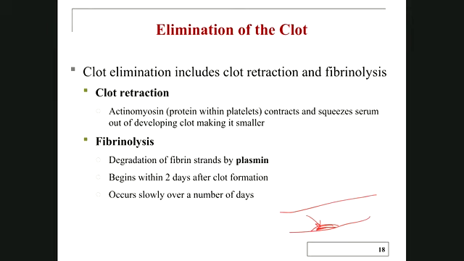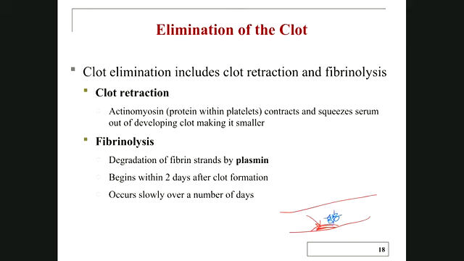When the smoothness of this part is reduced and it becomes rough, the platelets come to this side and they can make a plug here. So we have formation of a platelet plug in this part. As I told you, different chemicals are released here and the fibrin strands are created between these clots.